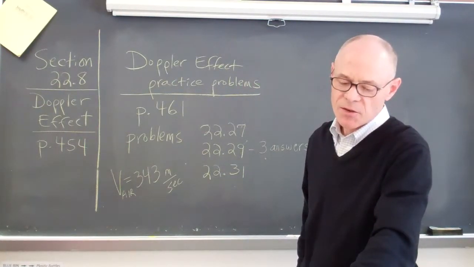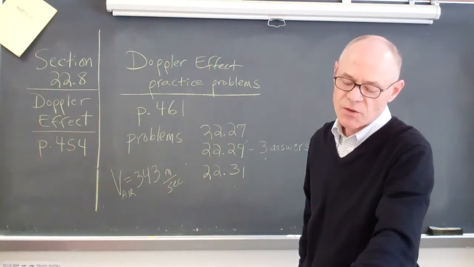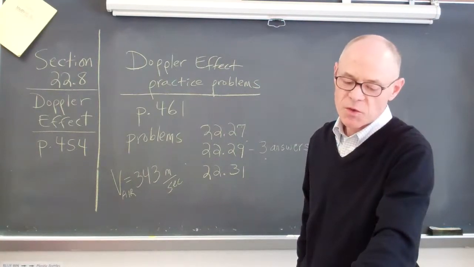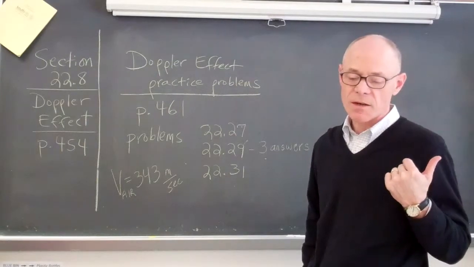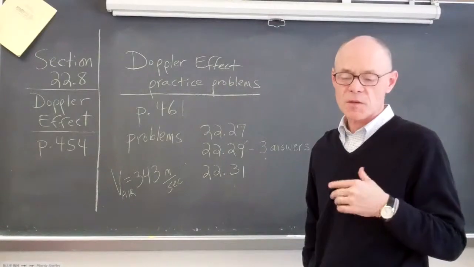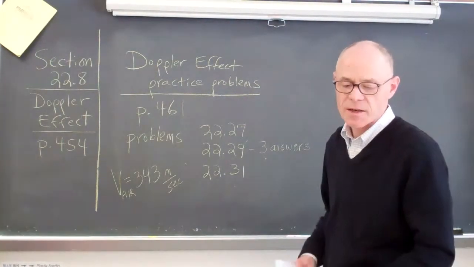The second answer you're given only happens for the tiniest fraction of a second when the train and the observer are even with each other. It's really not even worth considering at this point, because the frequency heard changes almost instantly from the approaching to the moving away situation. So just the first and the last answers on number 29 is fine.